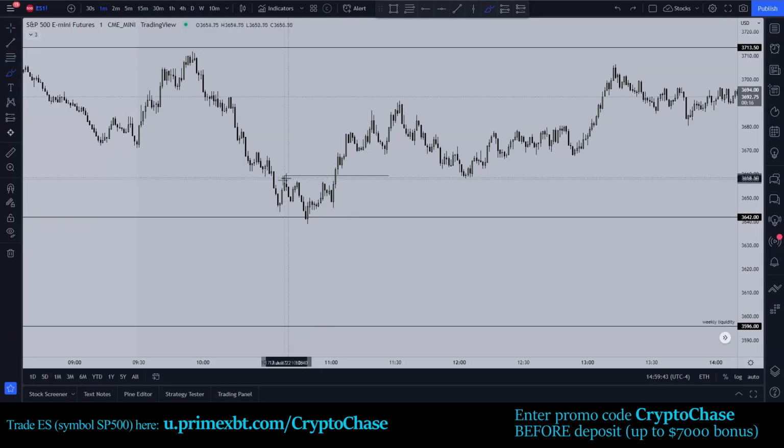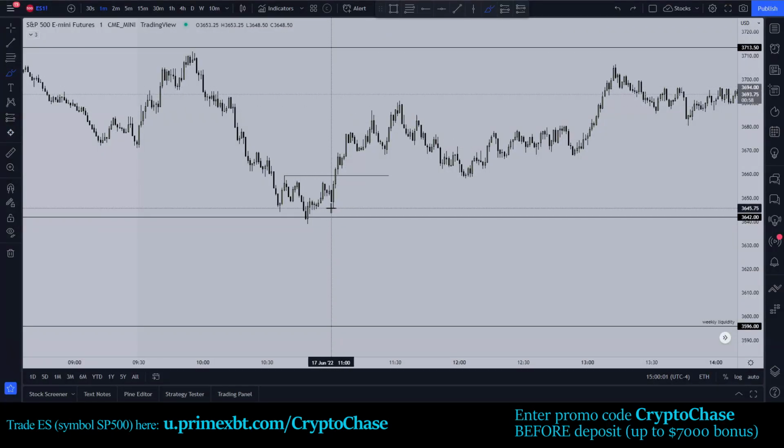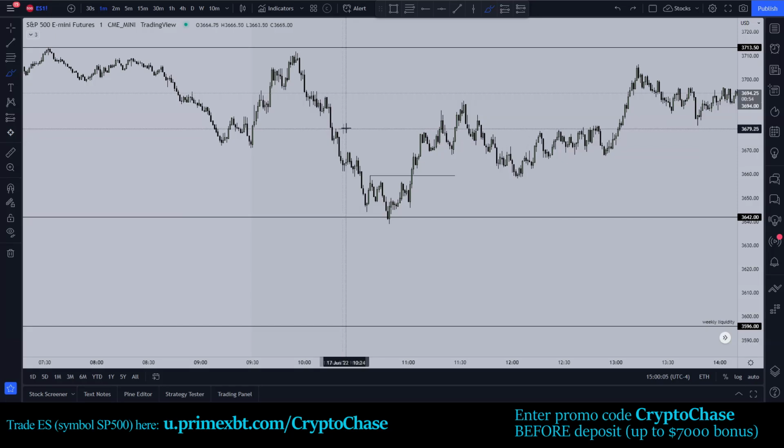Go over to ES. The high of the previous low before the lower low. Go back to BTC. The high of the previous low before the lower low. Market structure break. Okay?